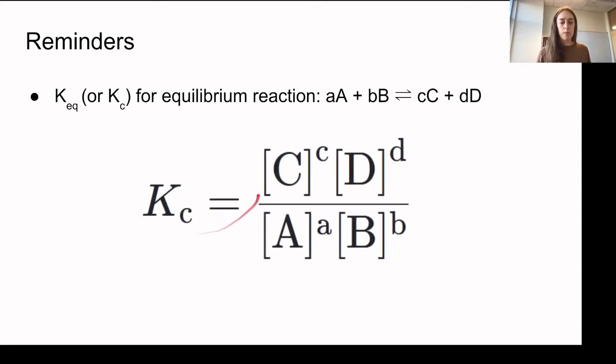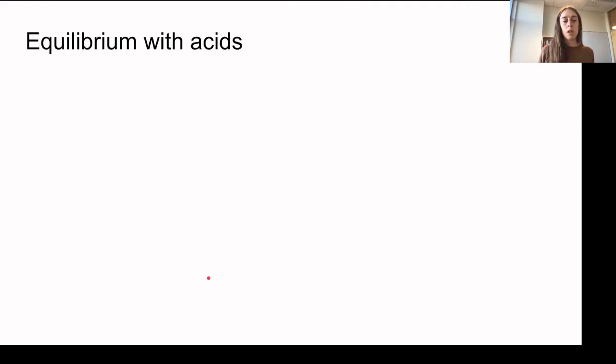Our equilibrium constant for this is our products over our reactants, with the concentration of our products raised to the power of their coefficients. So in this case, we have c moles of C, so it's C to the c power. Same with D, and then our reactants are in the denominator, and we have A to the a power and B to the b power. That's just a quick reminder of what equilibrium is and how it works with acids and bases.